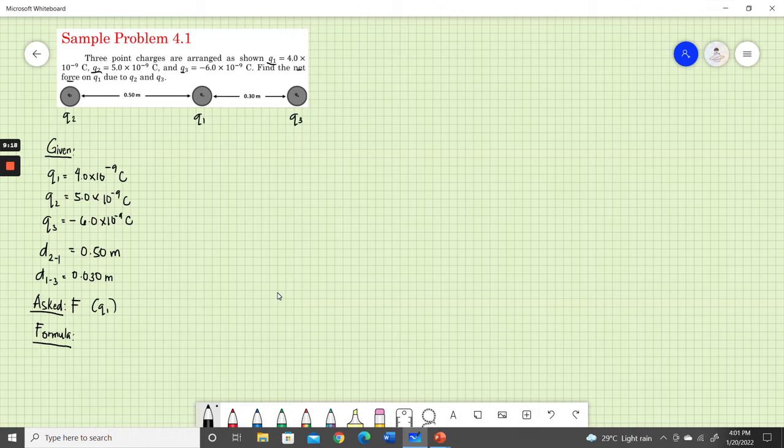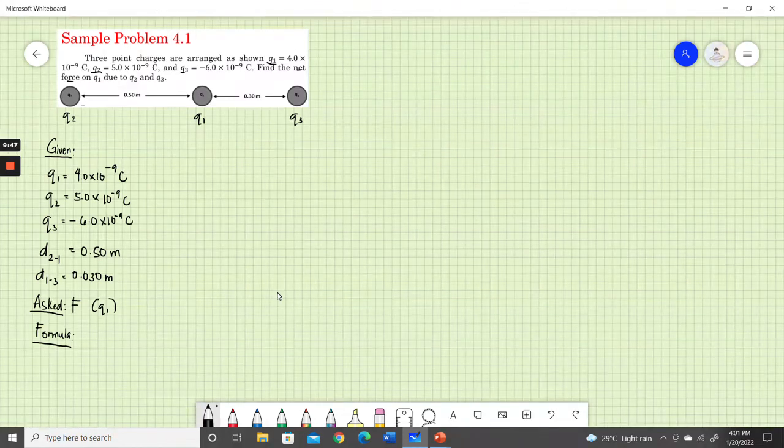According to the superposition principle, to identify the net force that a point charge experiences, we need to find the force that the other charges are exerting on that point charge. So we have to find the force that Q2 exerts on Q1, and the force that Q3 exerts on Q1.